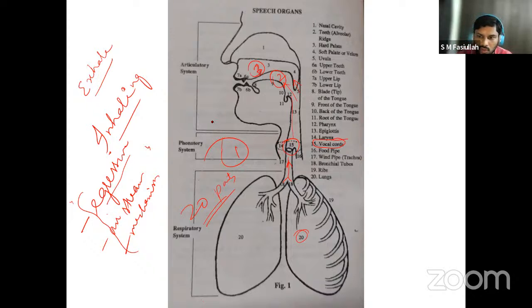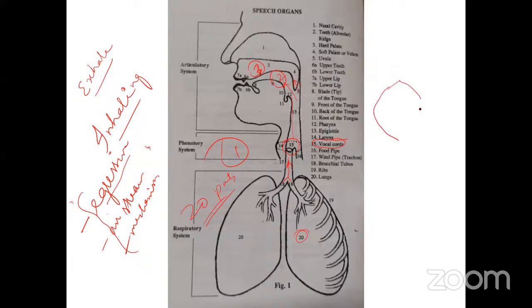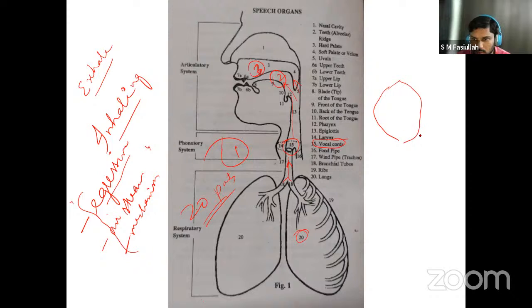Why is it called vocal cords? Because the sound box is roughly like this. Sorry, I'm not able to write correctly. Let me write something like this, and we have cords connected with this. More or less it looks like an onion.